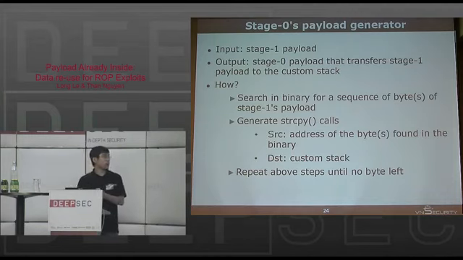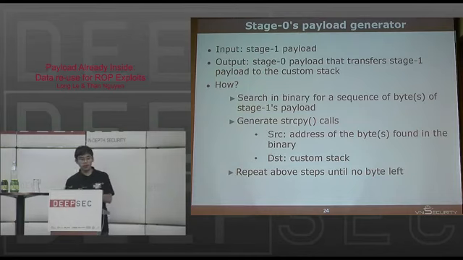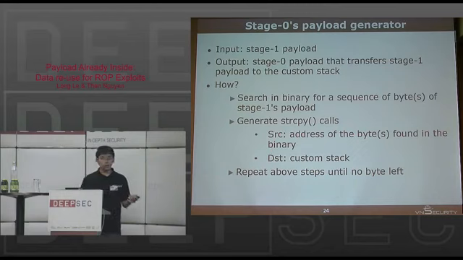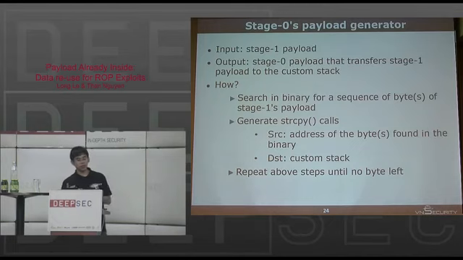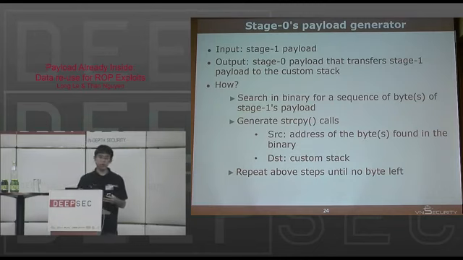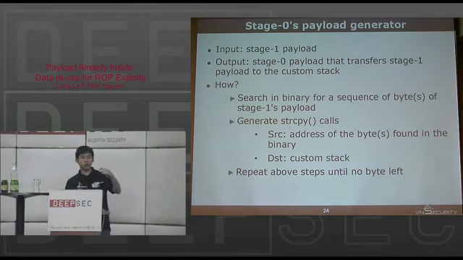Once I find the same data in the binary, I generate the strcpy call where the source is the address of the byte in the binary and the destination is the custom stack. And keep repeating until finishing stage 1. After stage 0 is done, you will have a new custom stack with the full stage 1 payload there.